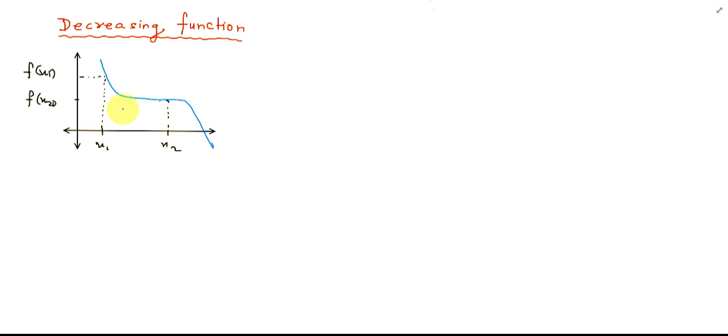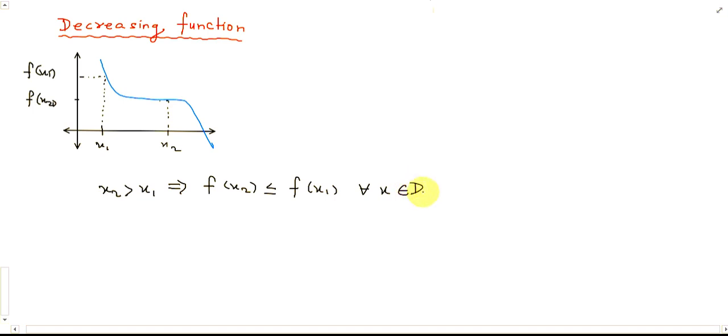So from the graph we find that if x2 is greater than x1, we have f of x2 less than or equal to f of x1 for all x that belongs to the domain of the function.